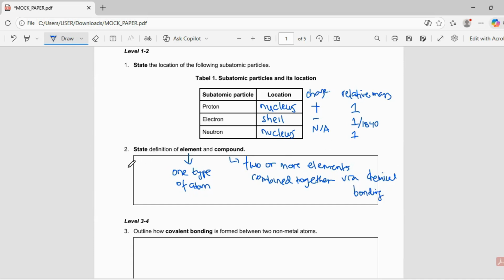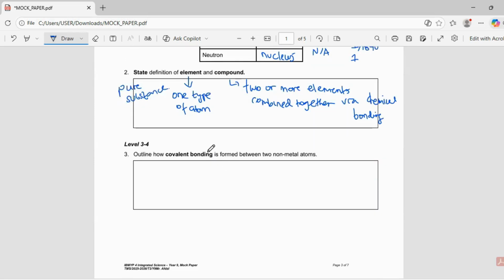If it is element, you have to emphasize it has one type of atom. So it is a pure substance that contains one type of atom. So that's the difference.